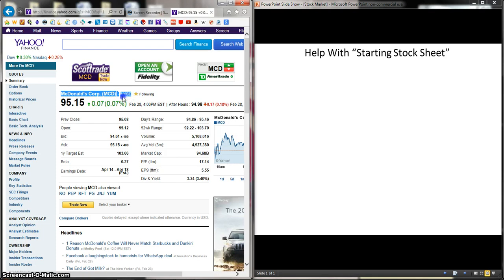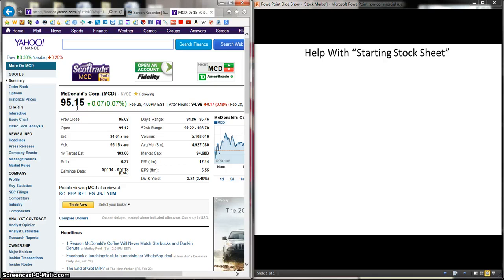These are three pieces of information you need to log, and they're located and found right here. Now, another thing that is important is the actual value of shares in McDonald's. As of now, close of Friday's stock exchange, the value of McDonald's was $95.15 per share.